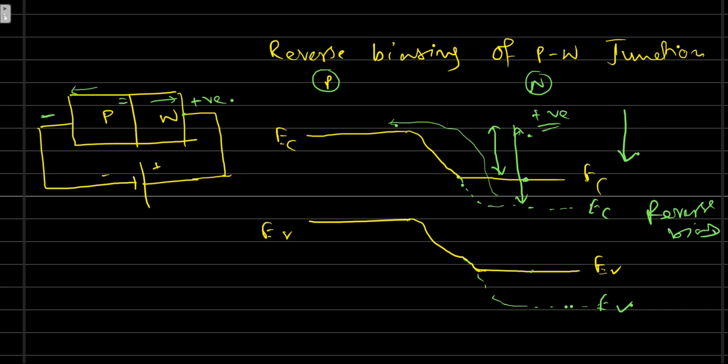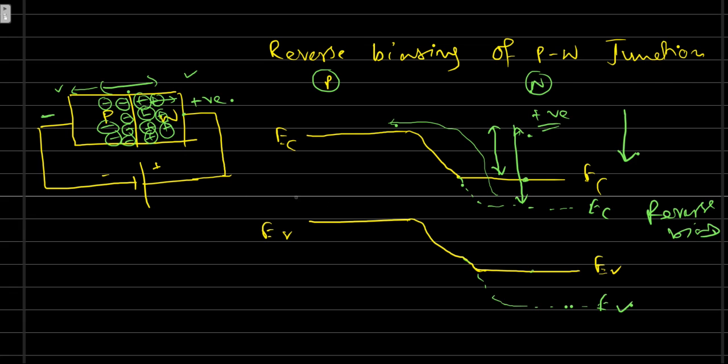As a result, more negative and positive ions are generated near the junction, because all free holes and free electrons are attracted away. So the thickness of the depletion layer will increase. The summary is, in reverse bias, the depletion layer thickness increases, and in forward bias, the depletion layer thickness reduces.